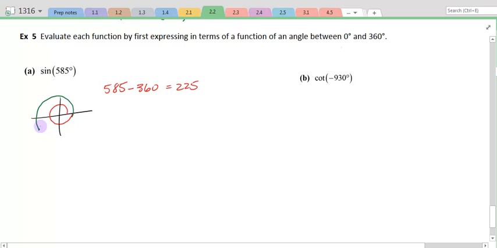But we're going to use reference angles to be able to find out what the sine of 225 is. So 225 minus 180 ends up being 45 degrees.